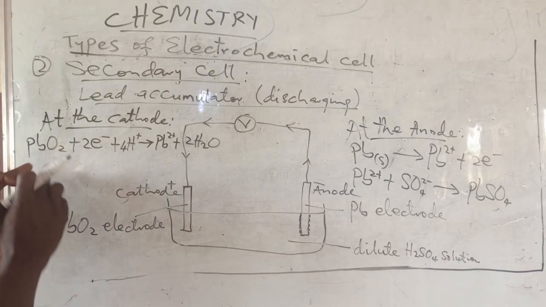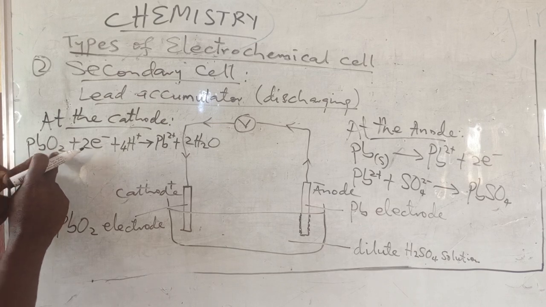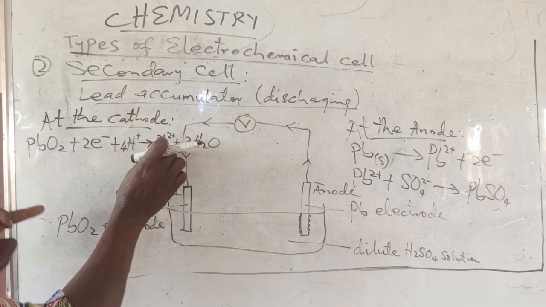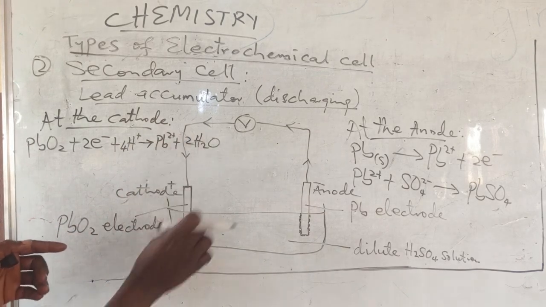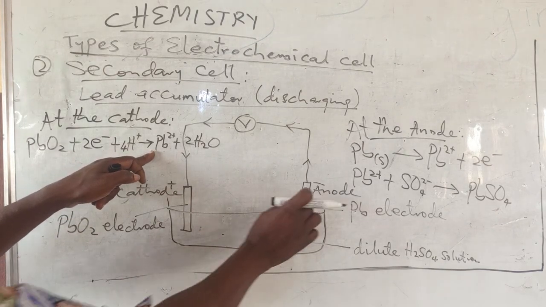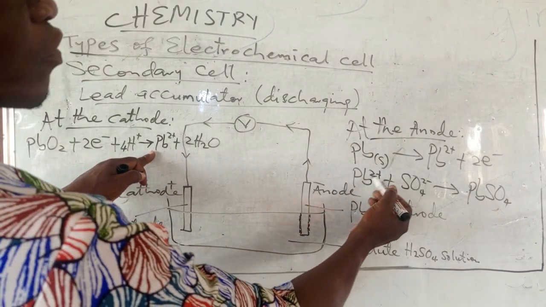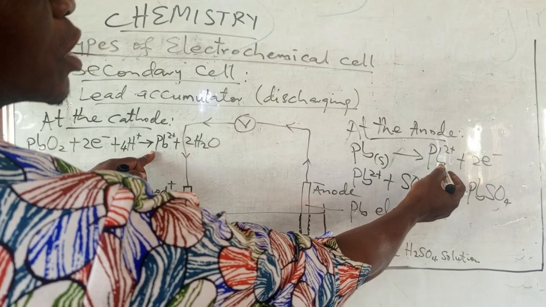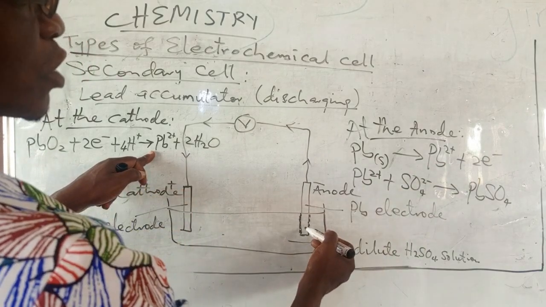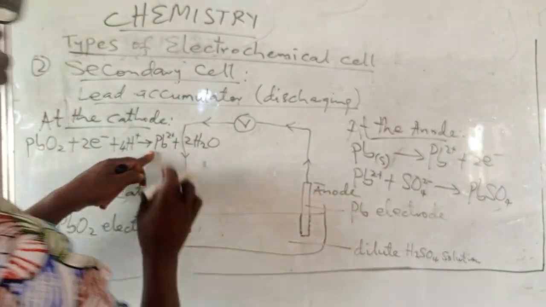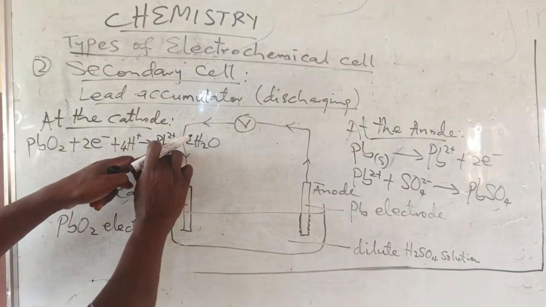Now, in that process, you can see that this PbO2 has separated. Now you have Pb left. This Pb will not remain here on the surface alone. It will do what the Pb of this one did. Remember what happened when this Pb was formed on the surface? It looked down to the solution, collected SO4 and reacted. That is the same thing that will happen here.